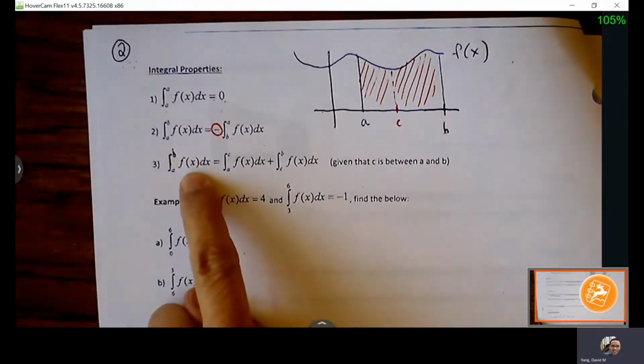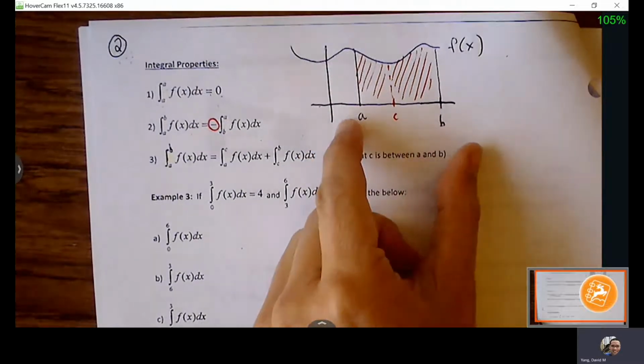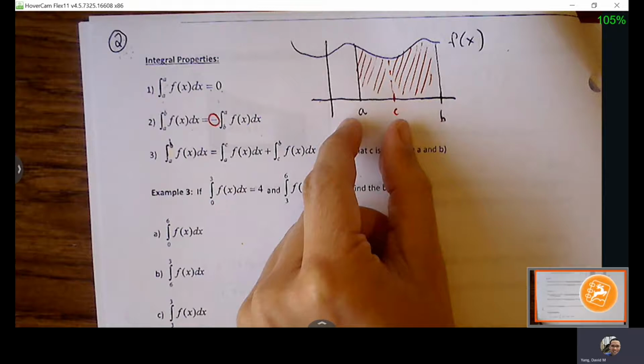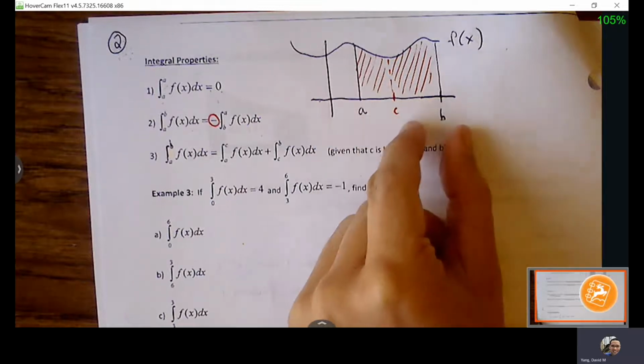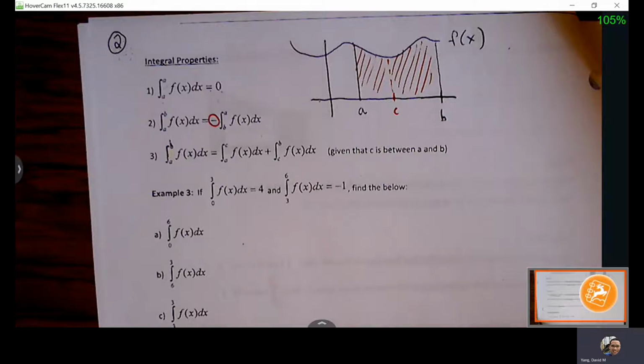So if I want to find the full integral from A to B, assuming there's a C that sits in between, I can think of this larger region as the integral from A to C plus the integral from C to B. Sometimes it's to our advantage to break a problem into smaller parts.